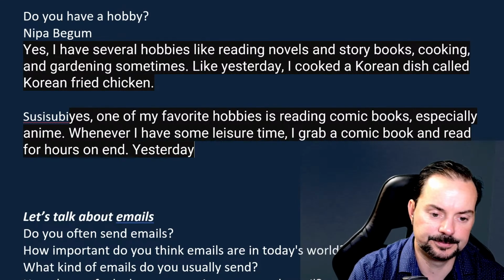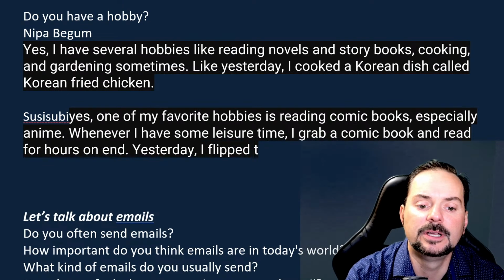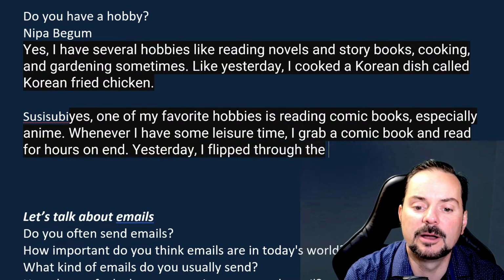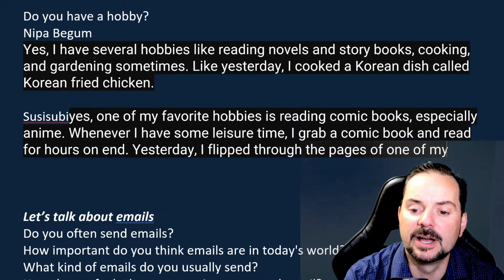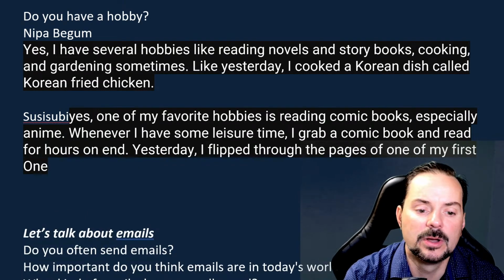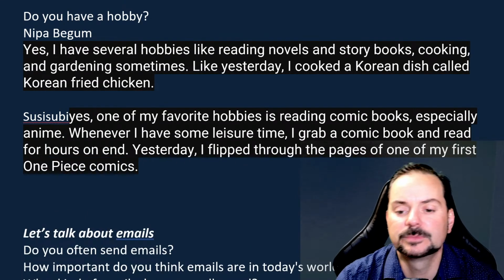Yesterday, I flipped through the pages of one of my first One Piece comics. Okay, sure.